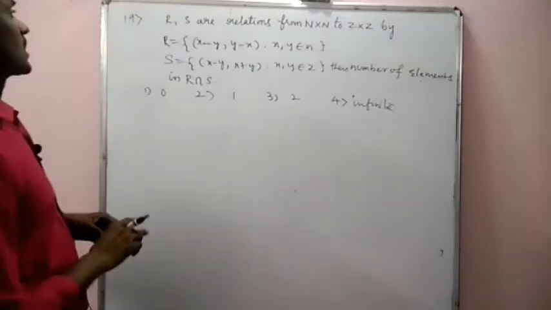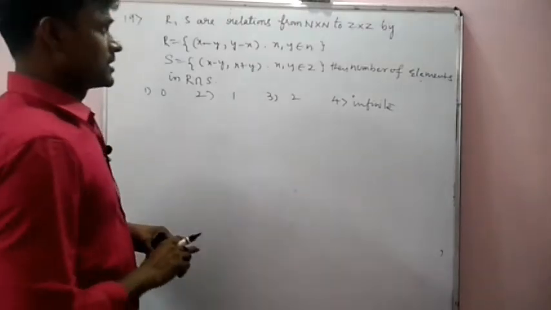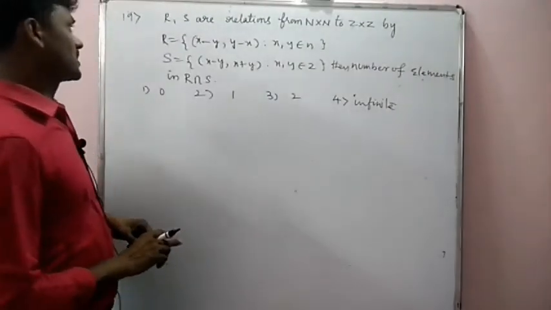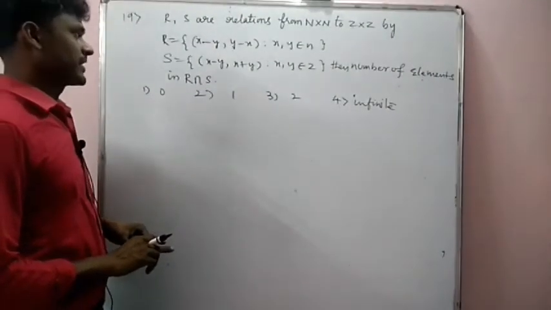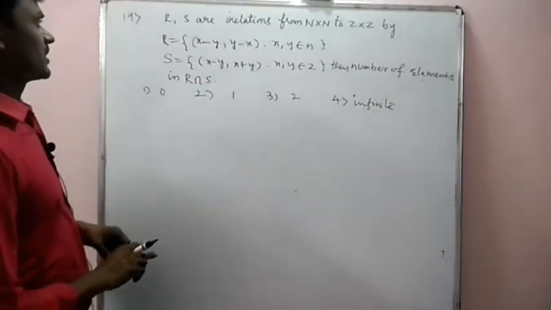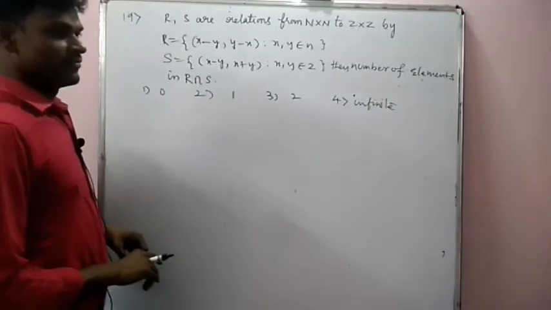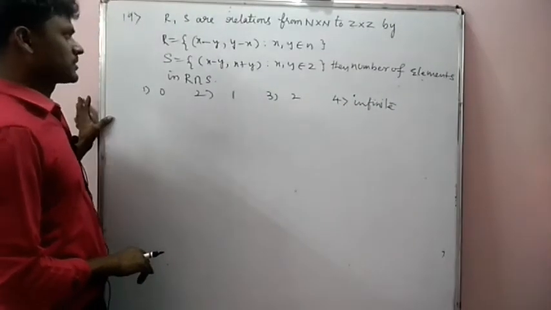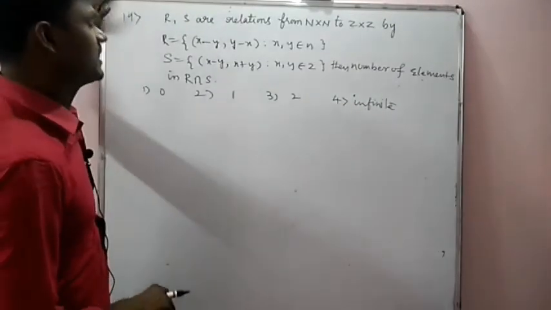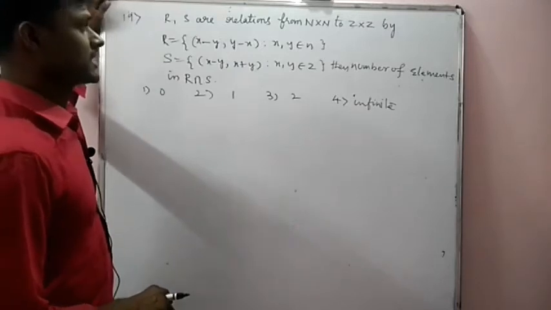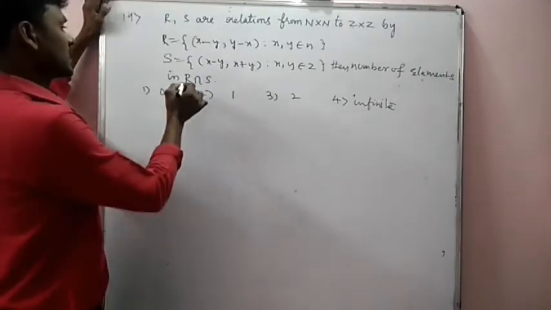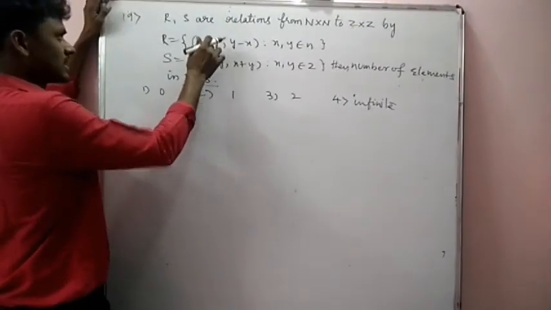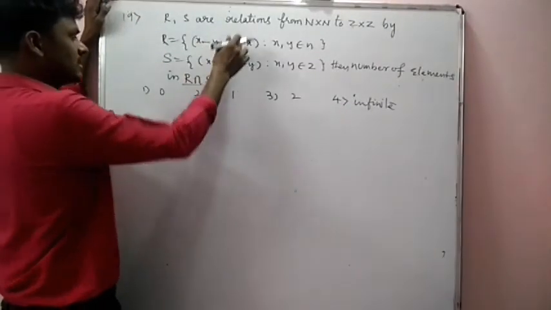Next question. R comma S are relations from the Cartesian product N cross N to Z cross Z, given by R is equal to the set of ordered pairs x comma x minus y comma y minus x, where x comma y belongs to N, and S is equal to the set of ordered pairs x minus y comma x plus y, where x comma y belongs to Z. Then the number of elements of R intersection S. Here for R intersection S both are equal, x minus y equal.